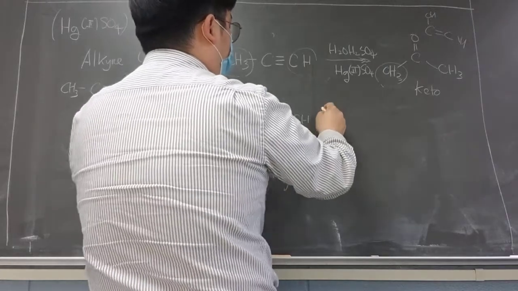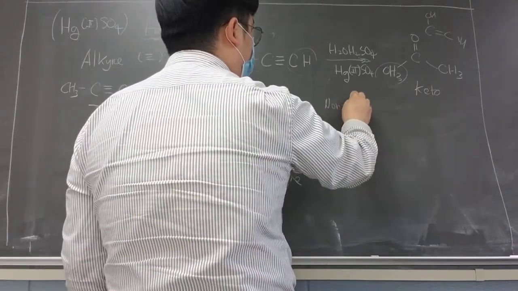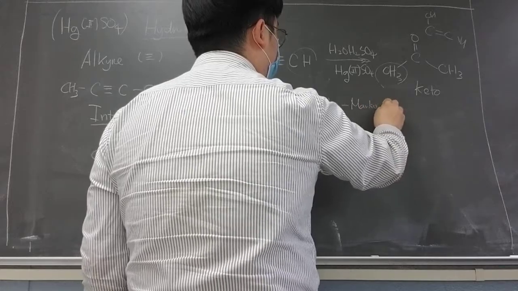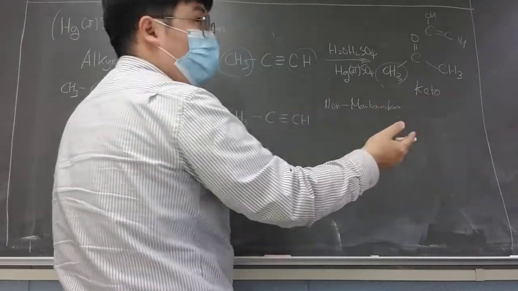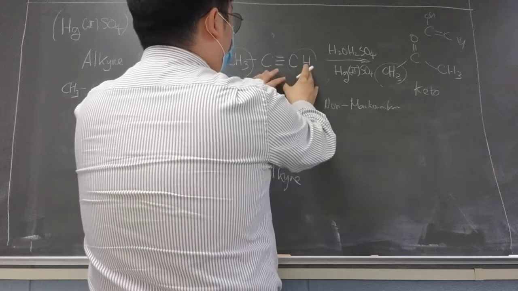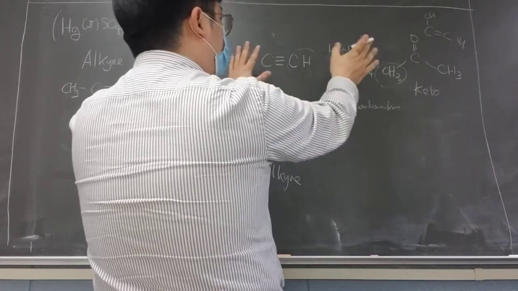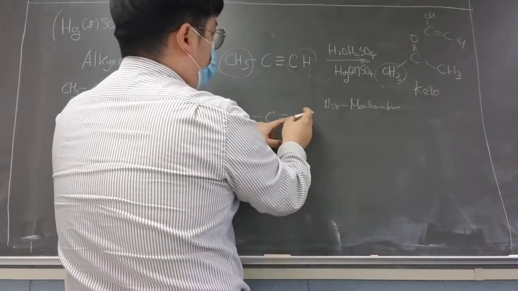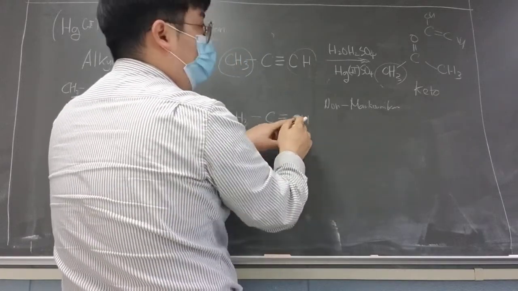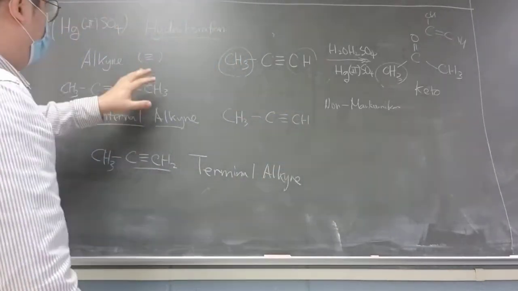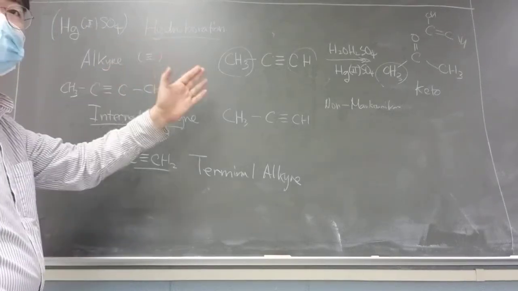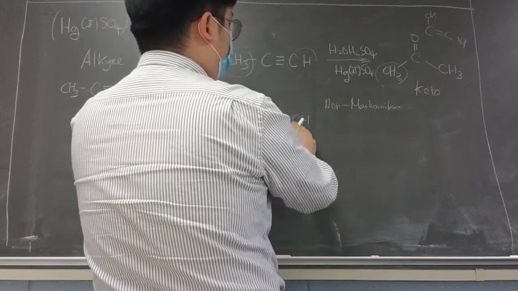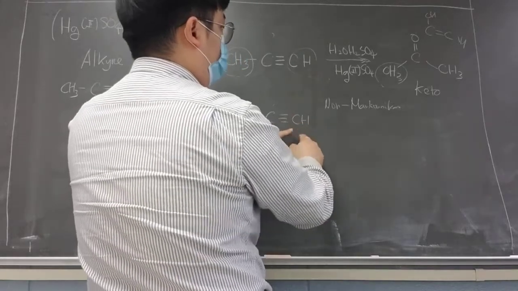This is more like a non-Markovnikov kind of rule they follow. The other is more on the inside, the more substituted carbon, but here you actually follow the one at the end. I hope you remember that hydroboration for the alkene is quite similar that way. So we're going to see the carbonyl group not here, but over here.